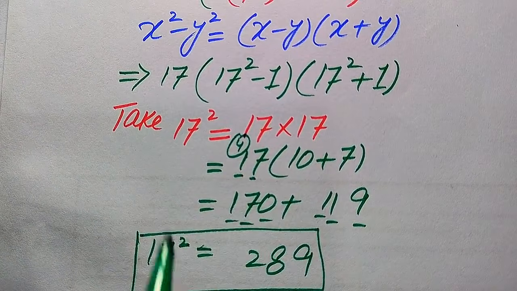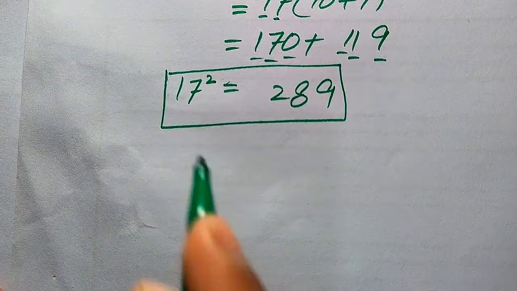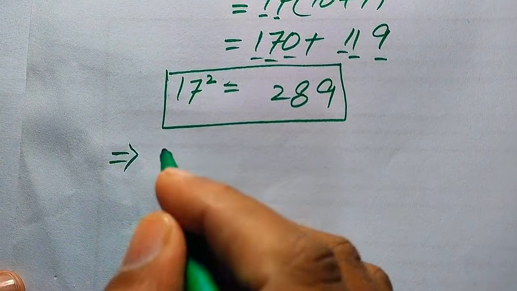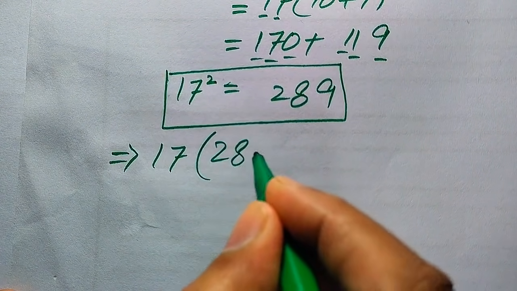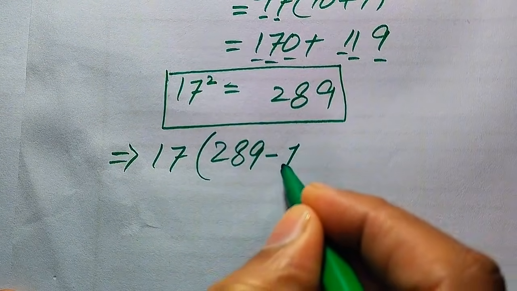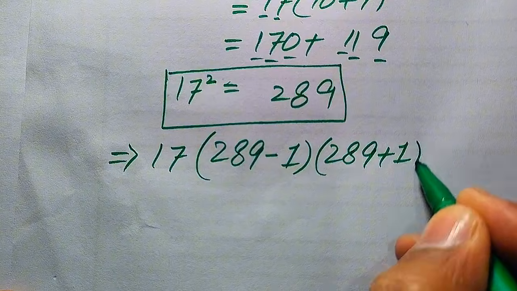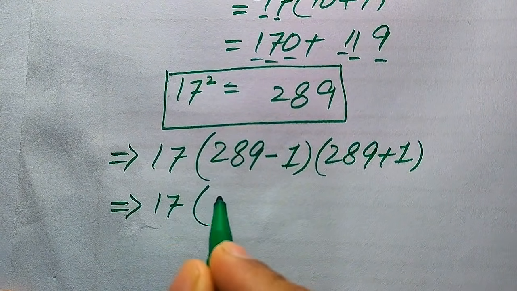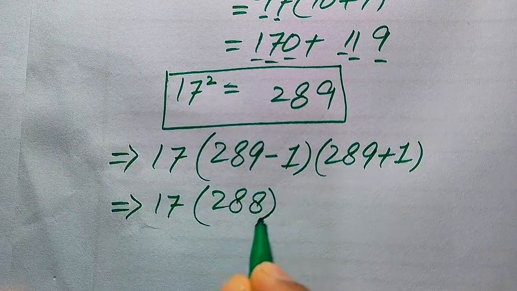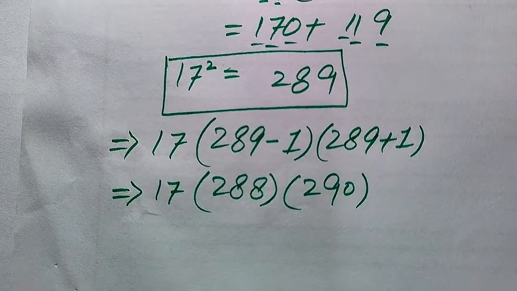So now we replace 17 square in both of these two places. After replacing this value in the above expression, it will be written as 17 times 289 minus 1 into 289 plus 1. So when we subtract, it becomes 288, multiplied by 290.